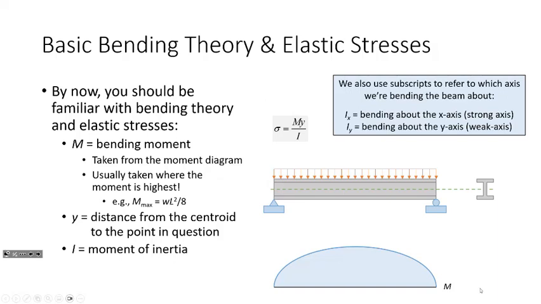So for example, if I'm looking at this beam, I might be interested in determining bending stresses right there, because that is the location at which the moment is highest, right? Basics of structural analysis. A moment diagram tells us where we need to be worrying about for the purposes of design. I gotta believe that's about the simplest thing that you could understand.